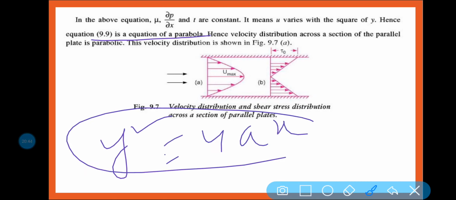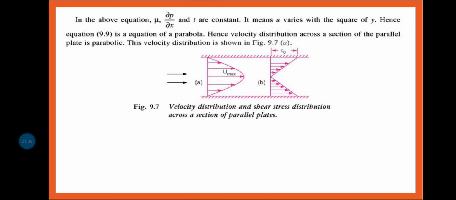Hence the velocity distribution function should be parabolic in nature. If it is parabolic, then the maximum shear stress will occur at this point and this point, and the minimum shear stress will occur here. So that is written, this is the tau naught and this is the u max.